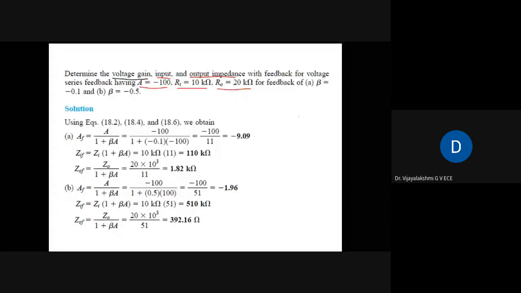Very simple. They have given you the gain before feedback, the input impedance before feedback, and the output impedance before feedback. After feedback, you have to find out what will happen.